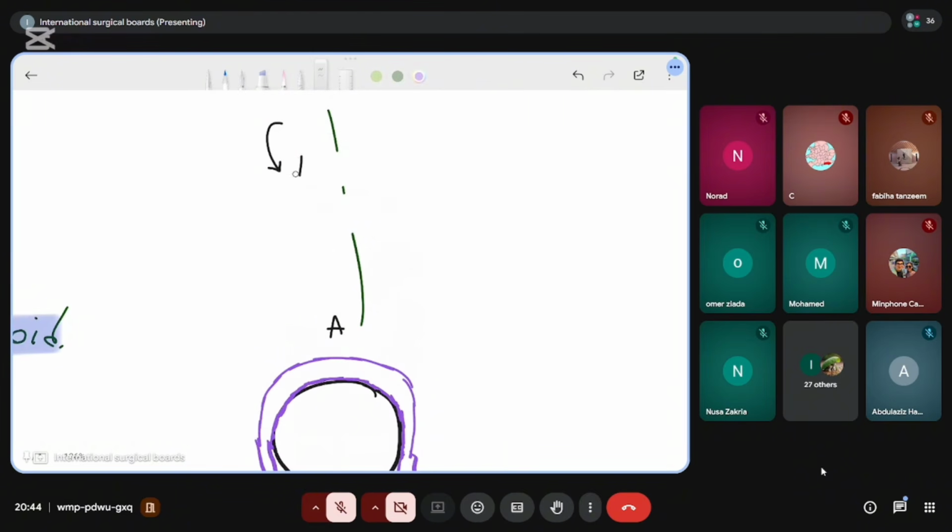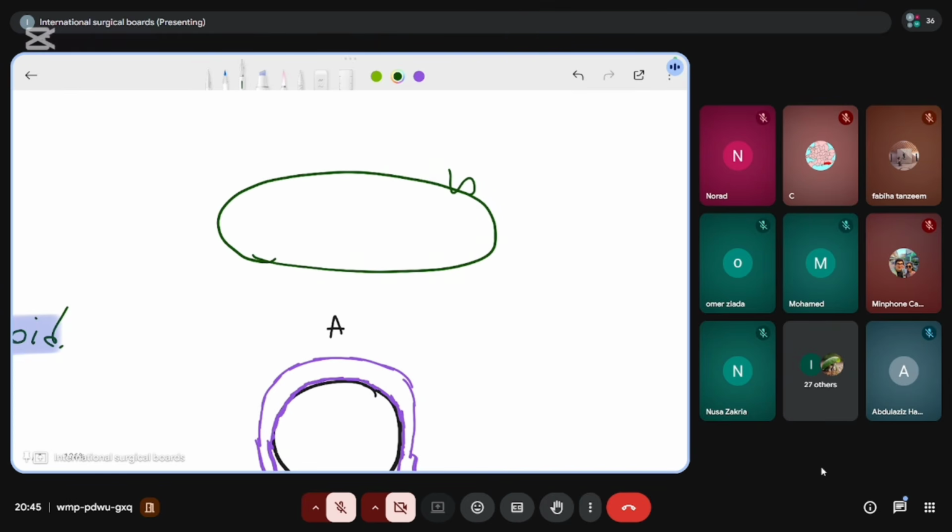If we see it like this, that's the testicle lying in a horizontal lie, that's the epididymis, and this is the vas or spermatic cord, right?